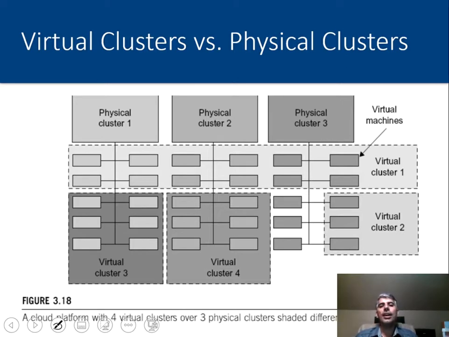And then at a later time, when you have a peak demand, you can again stretch to 12 or even more VMs. So this is called elasticity that is provided by the virtual machines as the underlying platform. We cannot have elasticity in physical clusters.